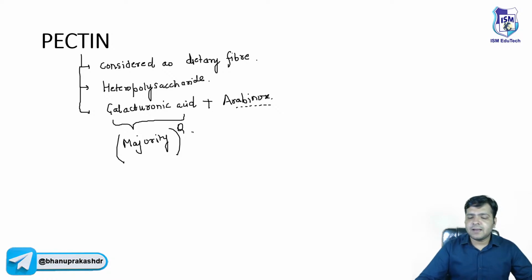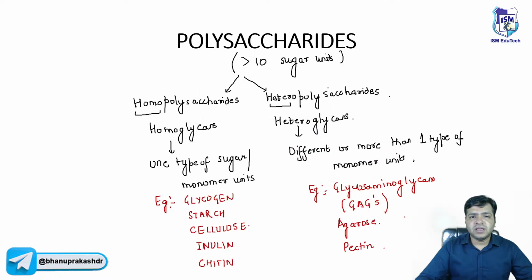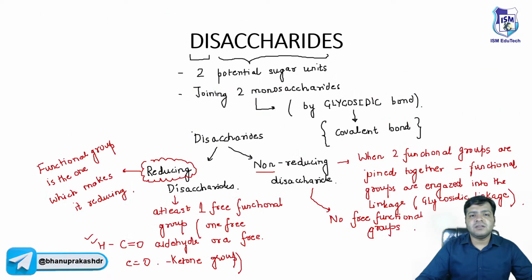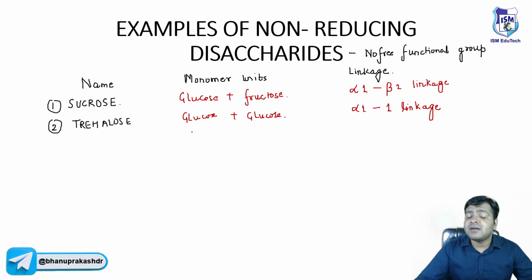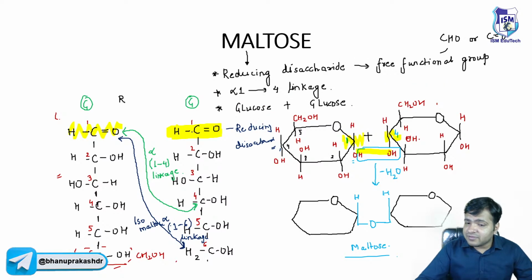Chalo, we have already completed our target for today. We have discussed the disaccharides, the differences between reducing and non-reducing disaccharides, the examples, the monomer units and the linkage, with the structures shown, and why they are called reducing and non-reducing.